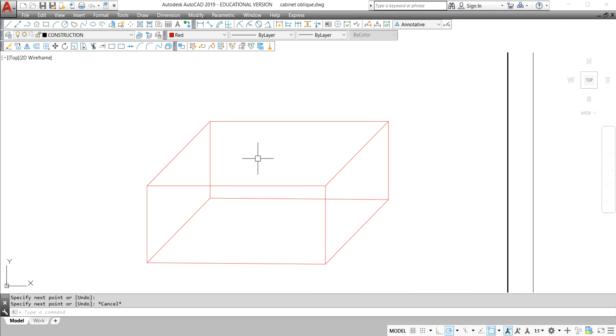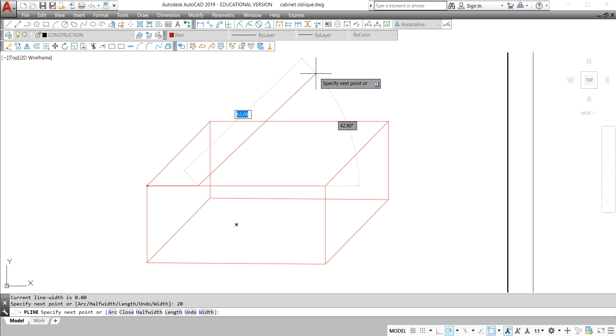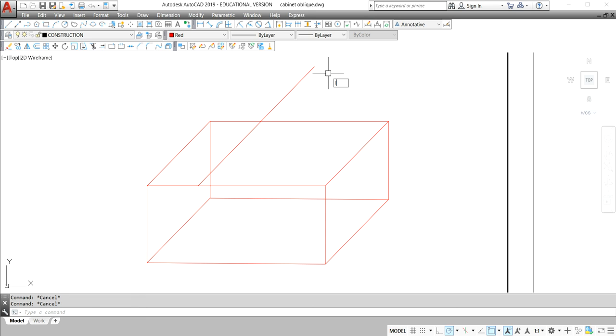On top there is a square which is 30 by 30. In our case it's gonna be 30 by 15. So I'm gonna measure 20 from there, 45, 20 from here, again 45 degrees, and now the 20 is gonna be 10.